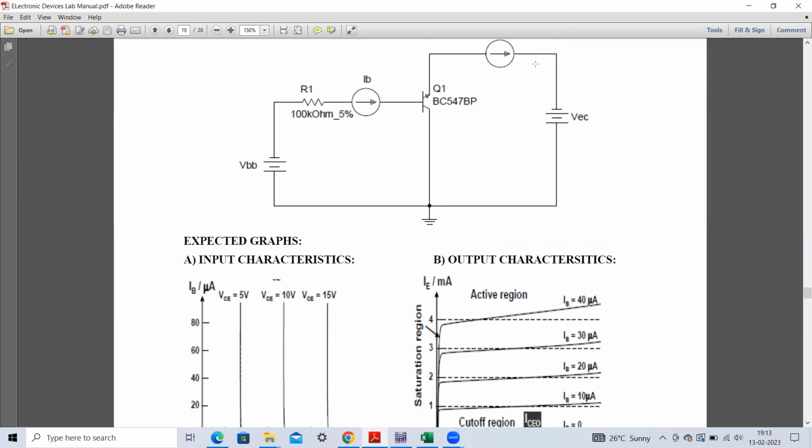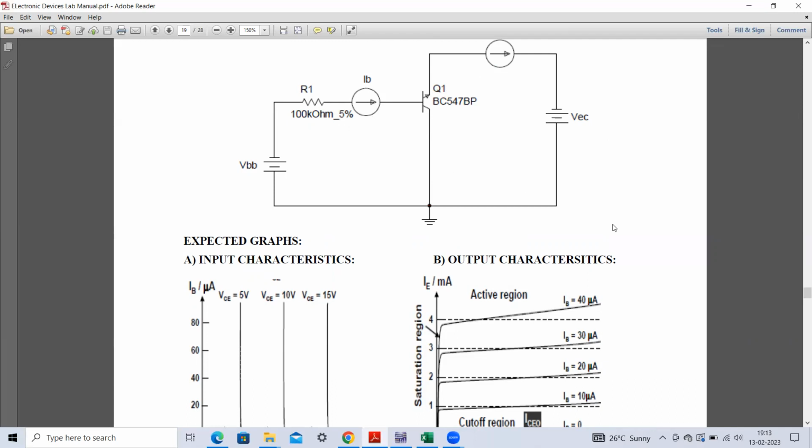Because we have not connected any resistance, whatever emitter collector voltage you are applying, the same voltage will appear across this emitter collector terminal. So we have to plot a graph between emitter to collector voltage and current. These two graphs we have to obtain for a fixed value of base current. This base current should be a constant.